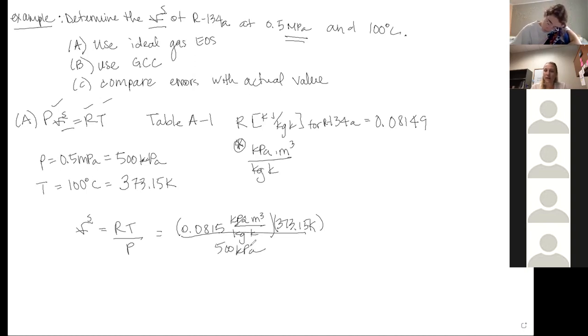The kilopascals cancel, the Kelvin cancel, and I'm left with cubic meter per kilogram, which are units of specific volume, so that's good. Plugging this in, 0.03, oh, I'm sorry, 0.0634 cubic meter per kilogram is for part A. So for part A, our answer is 0.0634 cubic meter per kilogram.